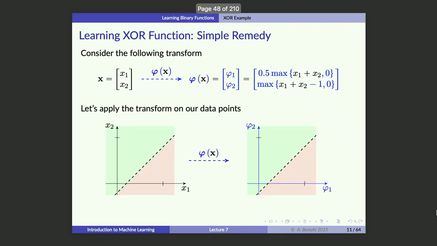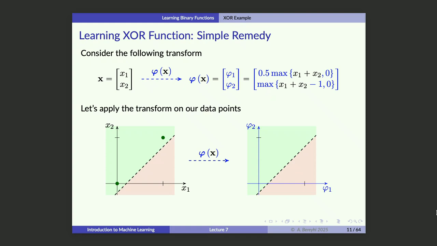So the data points that we have, we have the green points, right? And we wanted the green points to be at the same place, right? So if I put 0, 0 into this embedding, what's going to happen? What's going to be the output of the embedding? It's going to be again 0, 0, right?